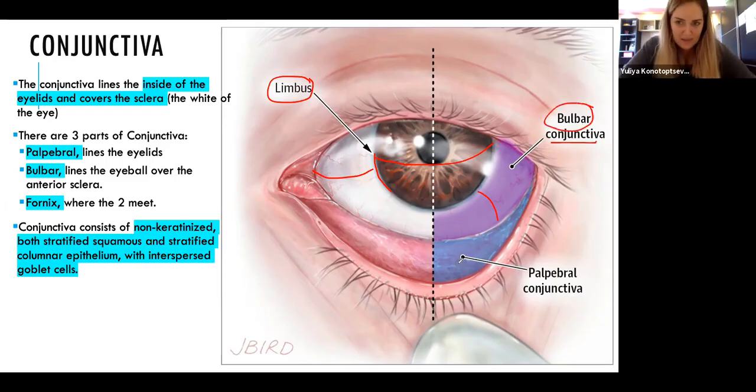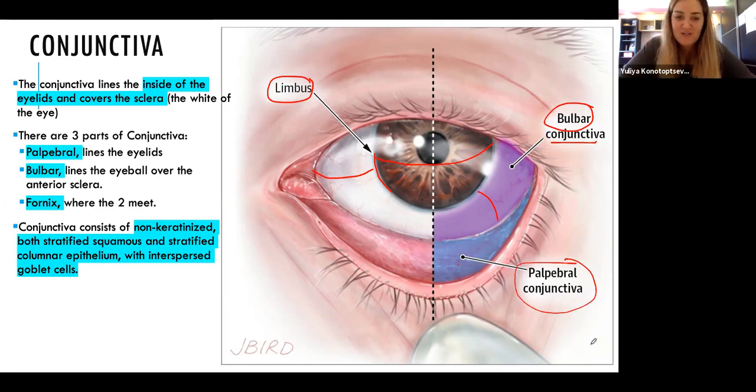This is the eyelid itself, the inner part of the eyelid. And you can see that there is another conjunctiva there, which is called palpebral. Conjunctiva is basically epithelium. It's nothing more, just a bunch of epithelial cells.